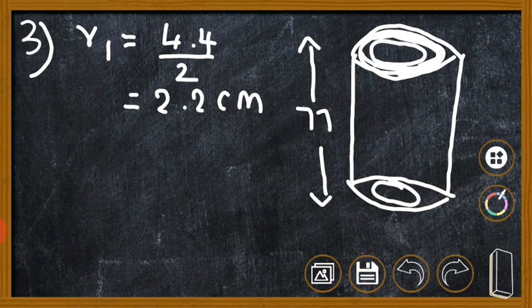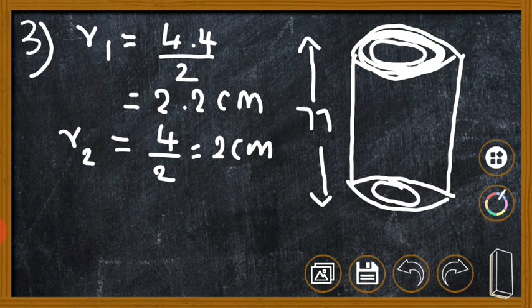And we can take the inner radius as R2. In the question it is given that inner diameter is 4 centimeter, so the inner radius is 4 by 2, that is equal to 2 centimeter. The outer radius 2.2 centimeter and the inner radius 2 centimeter.